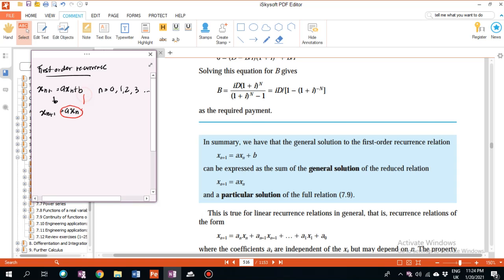So b doesn't affect it. This one we call first order recurrence.